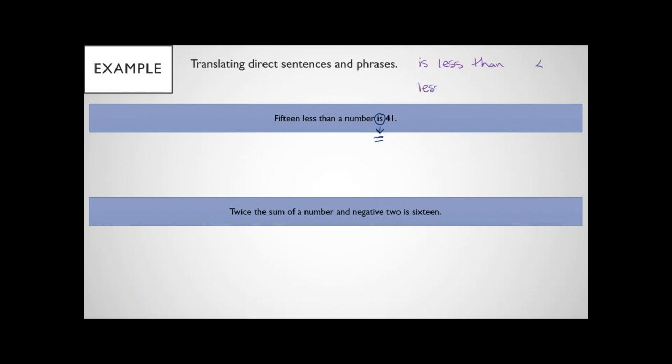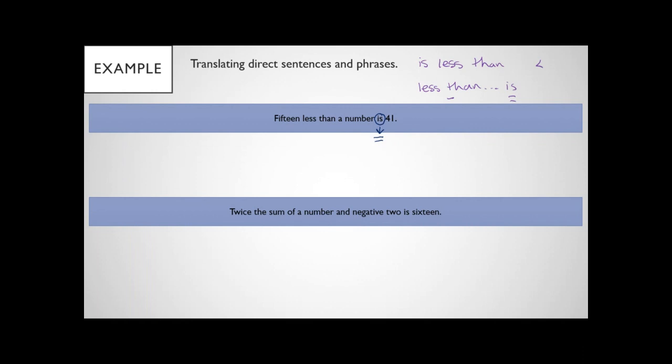But if it says less than, and then it has a gap between the is, then those are two separate things. And one is subtraction and then one is the equal sign. So that's something to keep in mind. So if you just see less than, that doesn't necessarily mean it's always a less than symbol.